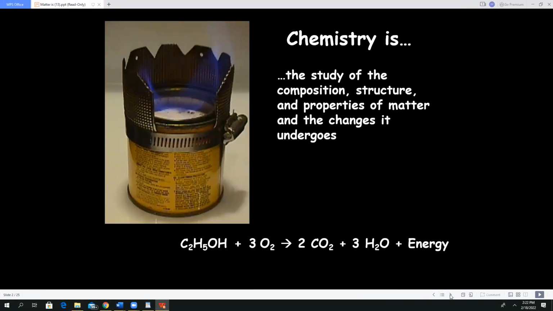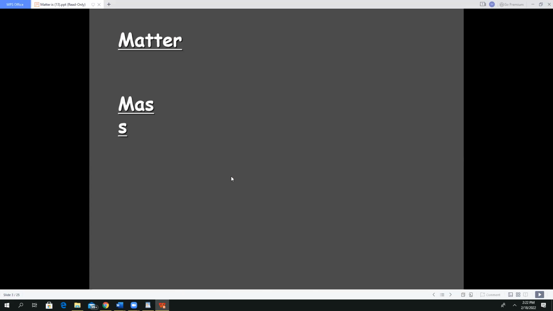For example, right here, this equation is ethyl alcohol burning in oxygen to produce carbon dioxide and water, plus of course energy, which you can see here as the fire, right? So you have reactants being changed into products. So there's a change. That's a chemical change.